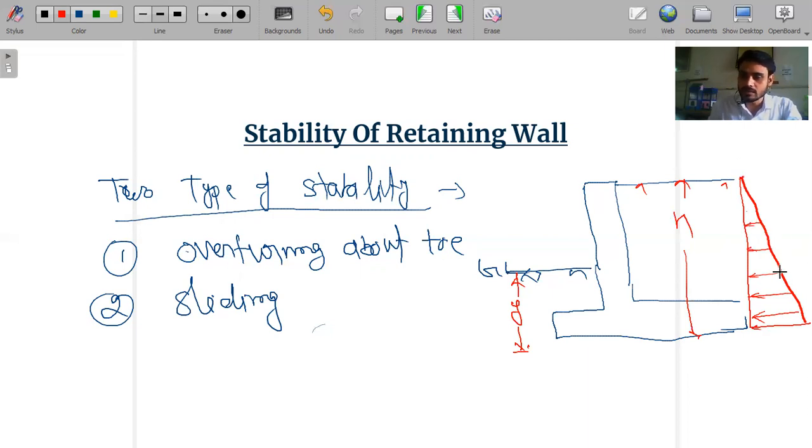And the variation of pressure will be Ka gamma H, and due to this pressure, a resultant force will act in horizontal or lateral direction, which will be equal to the area of that triangle and will act at the CG of the triangle, which will be at 1/3 height from the base. So this will be the resultant horizontal thrust.